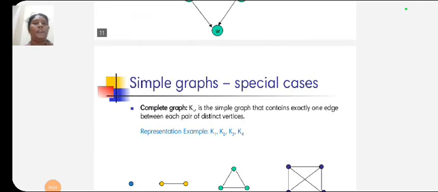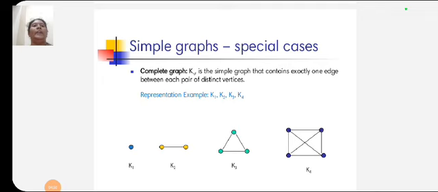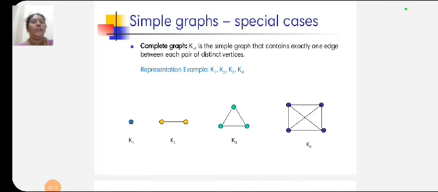Complete graph. If there is exactly one edge between each pair of vertices, then it is said to be a complete graph. So we have K1, K2, K3 and K4.